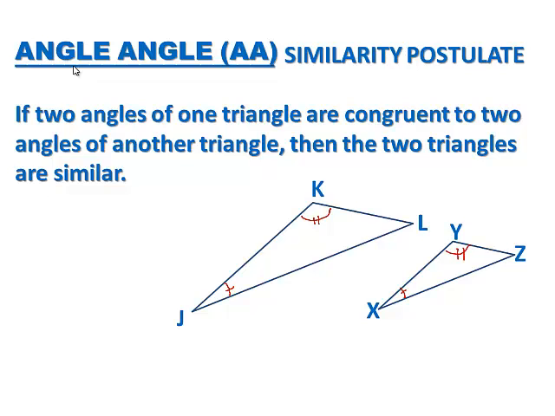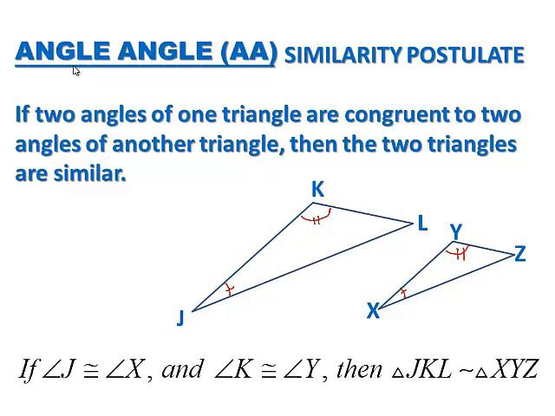Similar, not congruent. That's the main thing, because in a previous module, Unit 4, we were talking about triangle congruence. Here, we are talking about triangle similarity. In this figure, angle J is congruent to angle X, and angle K is congruent to angle Y. If that is true, then triangle JKL is similar to triangle XYZ.